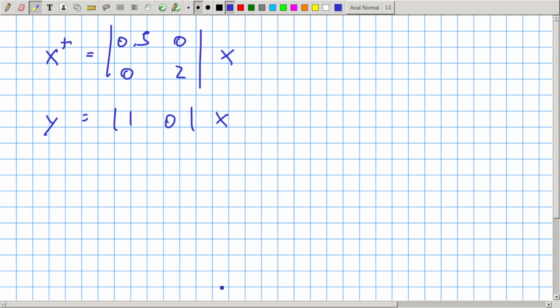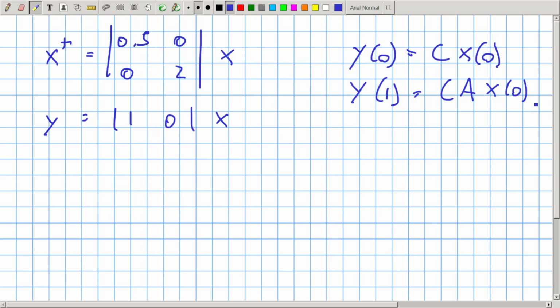Here x is two-dimensional, true? Now let's write the free evolution. The free evolution is going to be y0 is going to be cx0, true? And y1 is going to be cx1. That is going to be ax0. True?